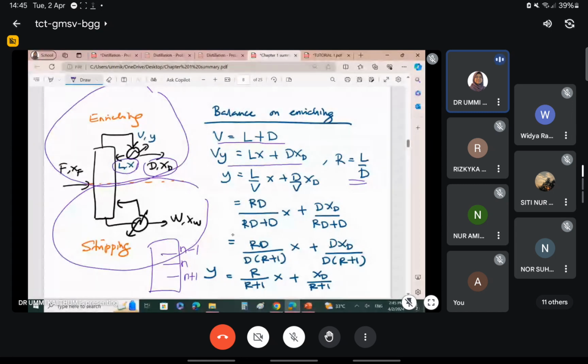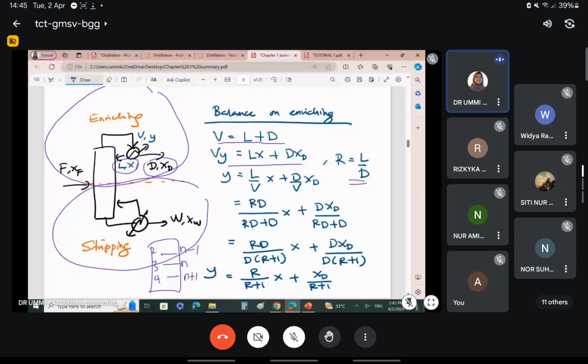Kalau n ni adalah stage nombor 3, so yang n minus 1 is nombor 2, n plus 1 is nombor 4. Kan? 3, 2, 4. So number of stages kita kira daripada top. Okay. Daripada atas ke bawah. Okay. So n is the number of stages.